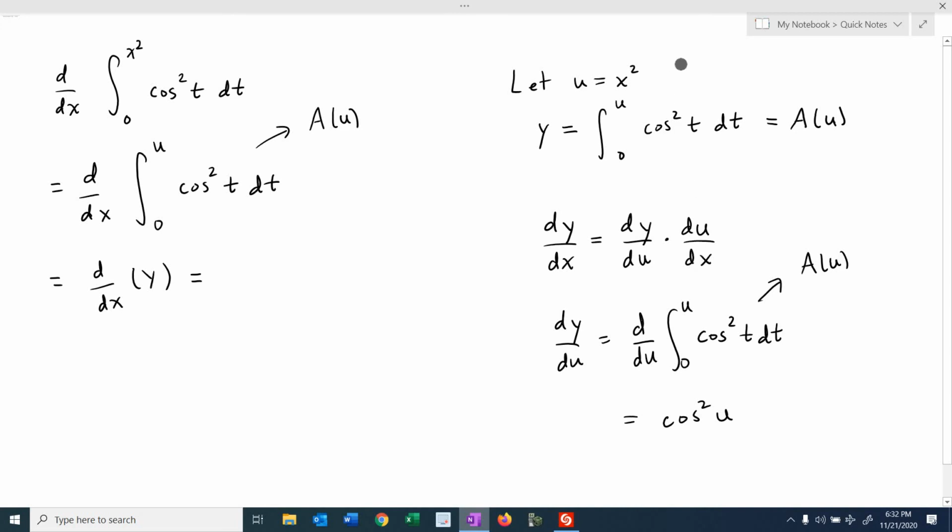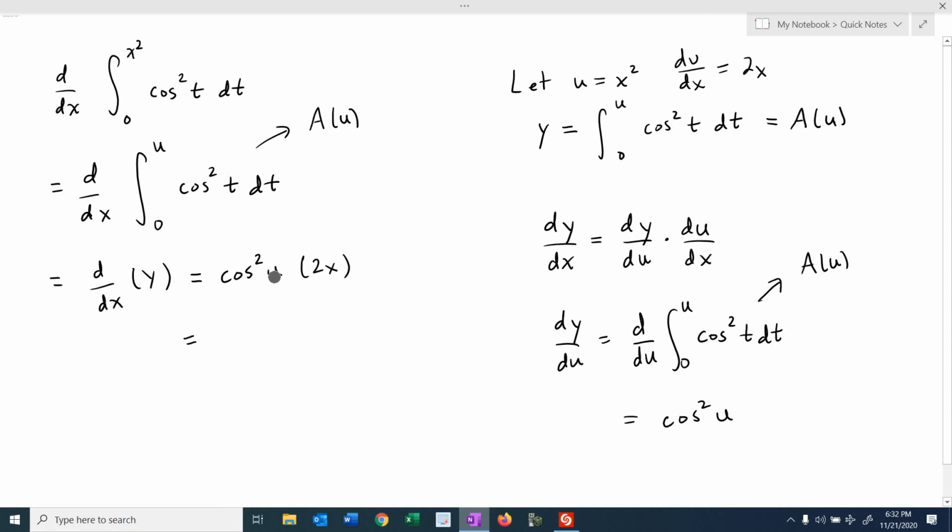And then, of course, du dx, the derivative of this with respect to x, is just 2x, using the power rule. Okay, so we have dy du and then du dx. Let's just multiply those together. So we get cosine squared of u times 2x.